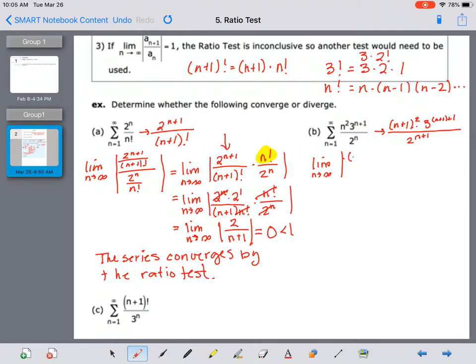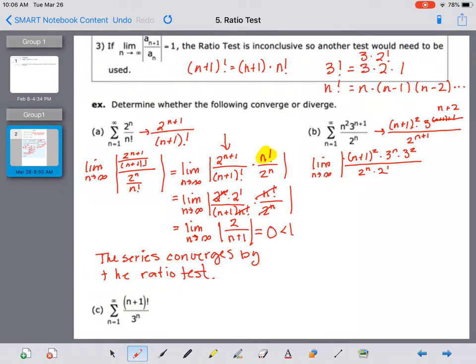So this n plus 1 squared, you can't really split that up, but I can split up that 3 to the n plus 1. Think about this as n plus 2 instead. Really I can split it up into 3 to the nth times 3 squared, all over, again, 2 to the nth times 2 to the first.